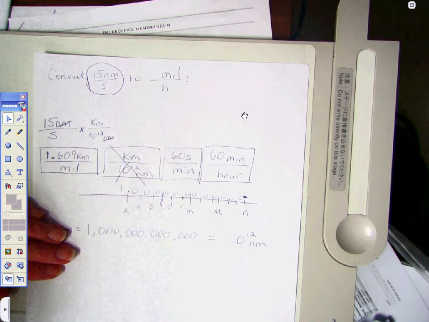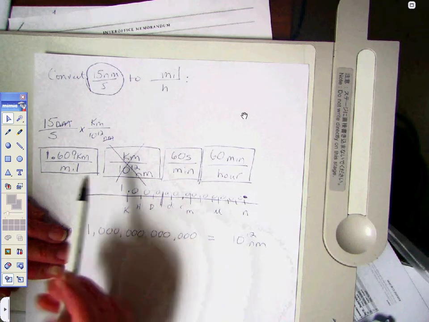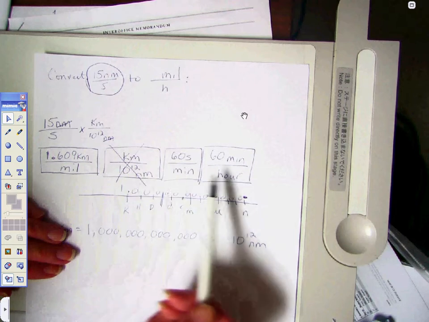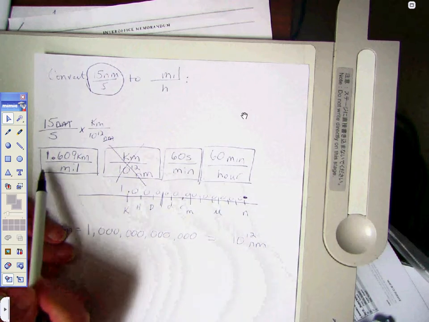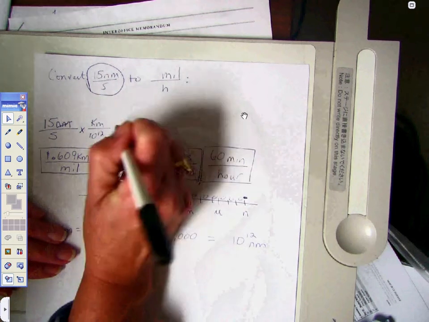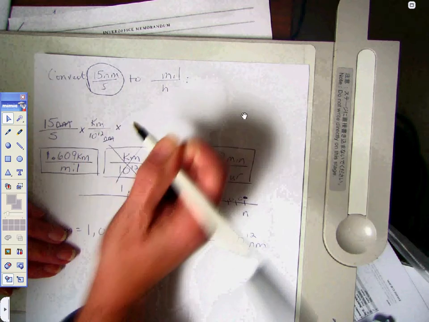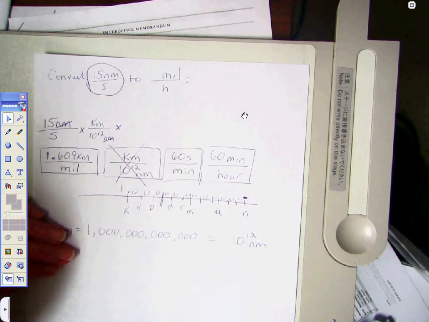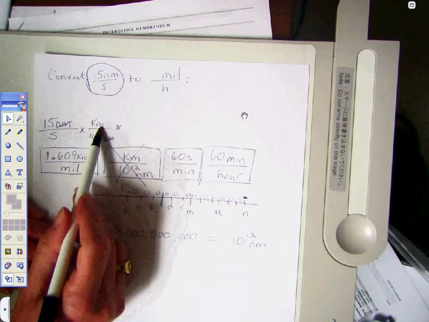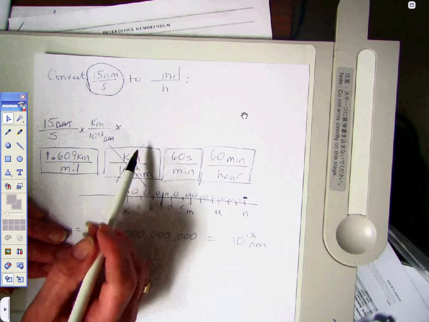I don't want kilometers, I want miles. So which of these conversion factors contains both kilometers and miles? That would be this one. So I have to make another decision. I want to cancel kilometers, so that's going to have to go on the bottom.